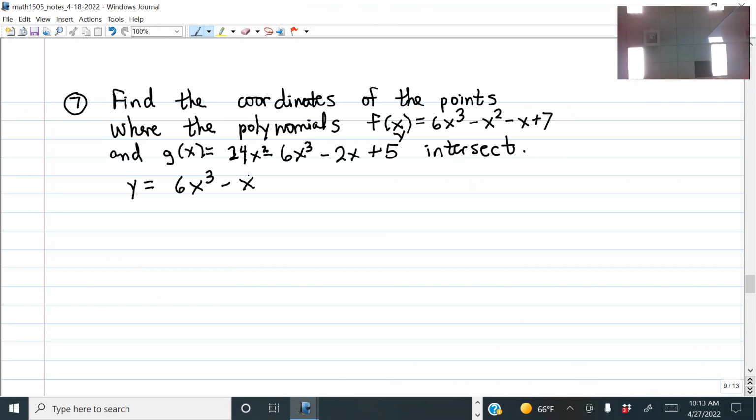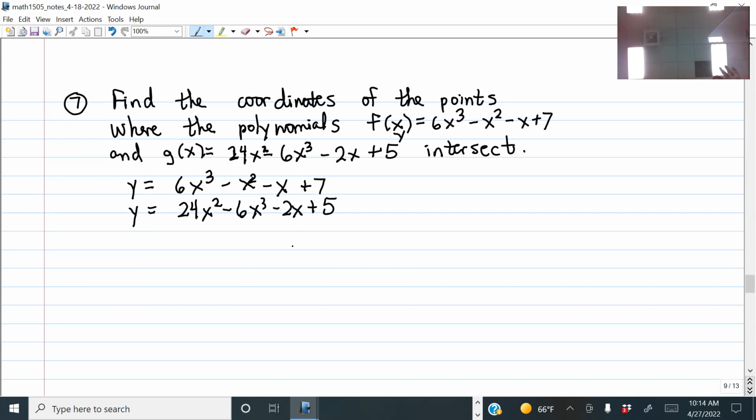The reason I want to do that is to remind you that where these curves cross each other, those x and y coordinates are solutions to both equations, right?